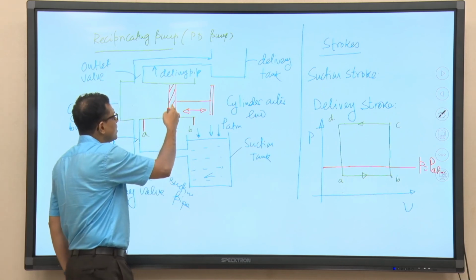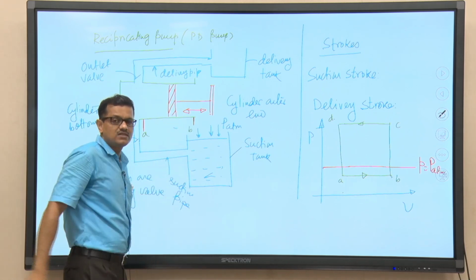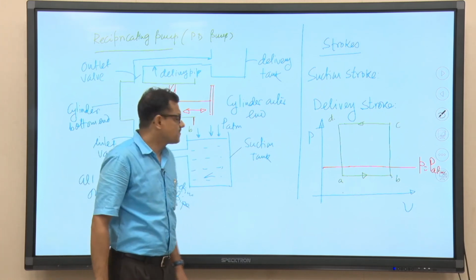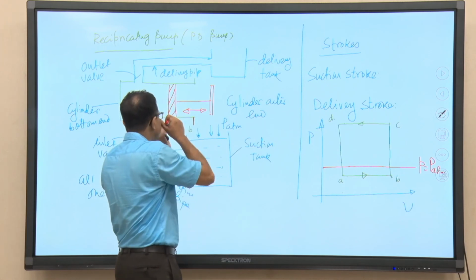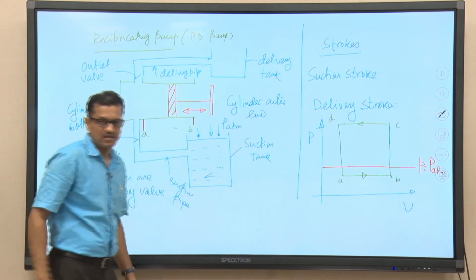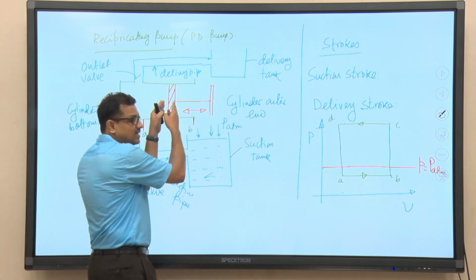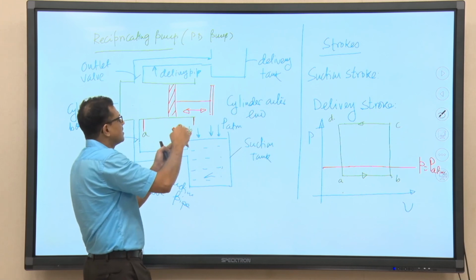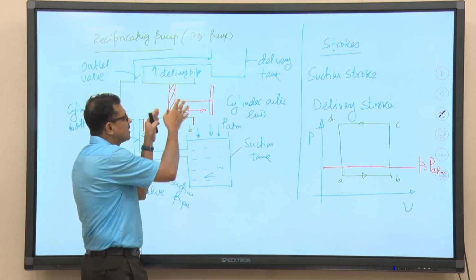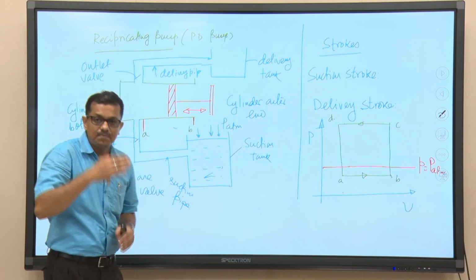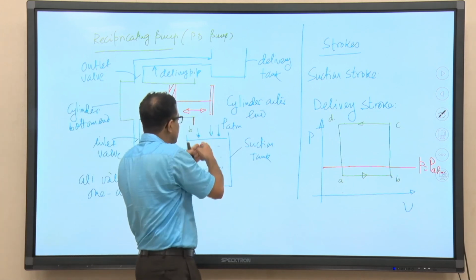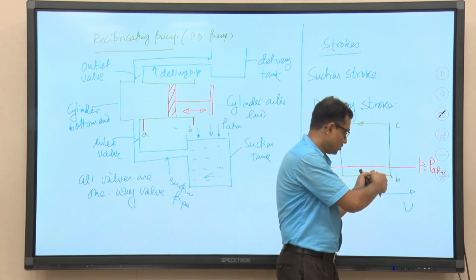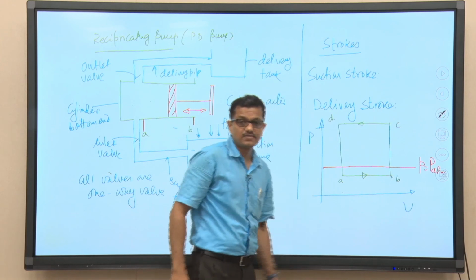But towards the end of the suction stroke, near point B, the pressure inside the cylinder will be closer to atmospheric pressure, right, because the piston is getting decelerated, and the liquid inside the cylinder and the pipeline is getting decelerated. The flow of liquid from the suction tank will stop, which implies that the pressure inside the cylinder is close to atmospheric pressure, but that is not reflected in this PV diagram. So, this is a simplified case.